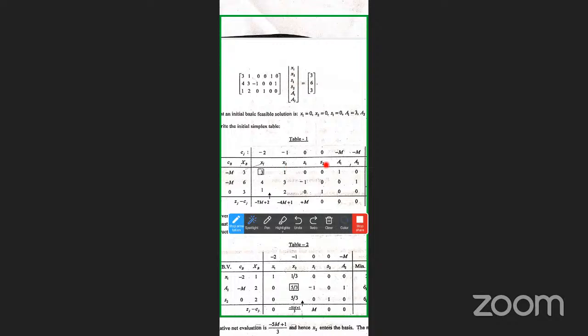Adding variables S1, S2 and A1, A2, artificial variables. So same, copy here this matrix. So 3, 1, 0, 0, 1, 0, first row. Second, 4, 3, minus 1, 0, 0, 1, second row. So third row also. So this is the matrix.